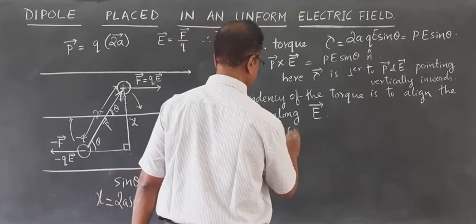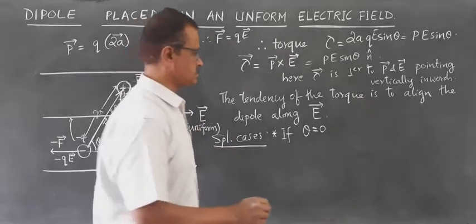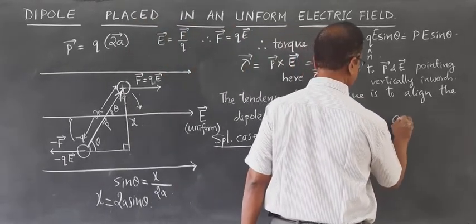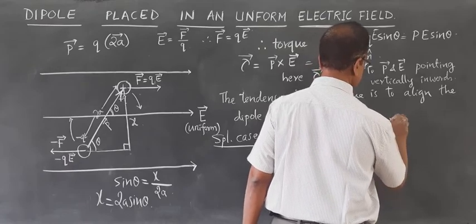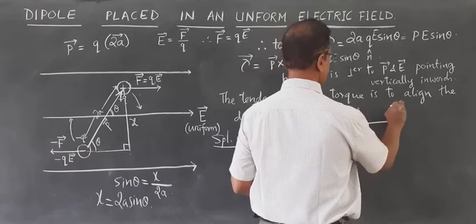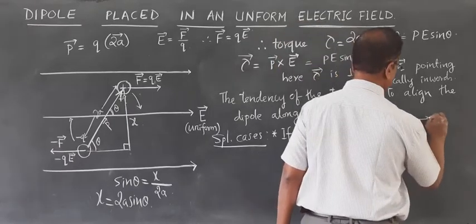If theta is 0, it means the dipole moment, directed from minus charge q to plus charge q, is oriented along the direction of electric field.